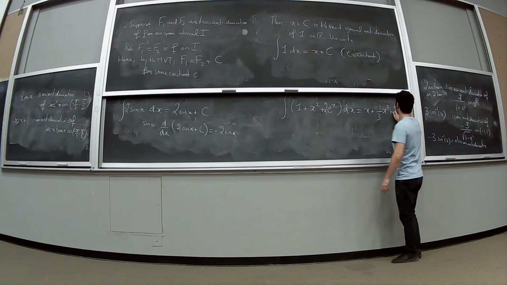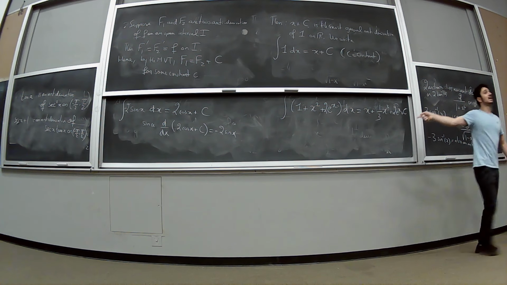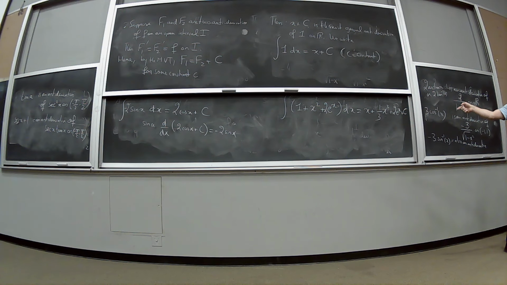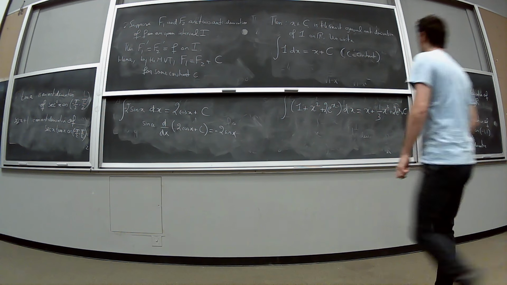Very good. Plus c. Is that clear, everyone? Yes. Any questions? Yes, sir. Why is it dx? What's the point of it? Oh, you'll see later. In 2 months, you'll see what's the point. Now take this as a notation. Okay? Great.